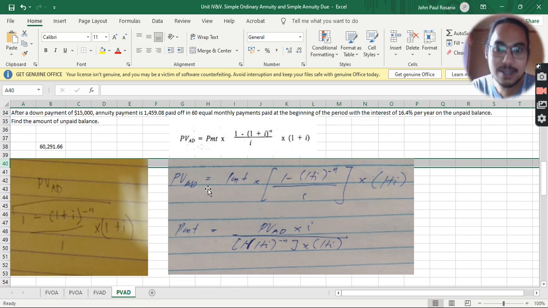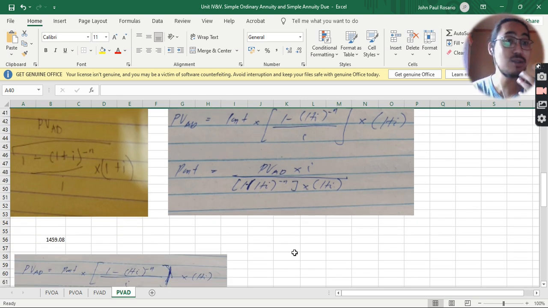So, this was murag manipulated in a way na, if you can see here guys, PVAD, so our unknown is payment, so we transfer I to the other side, so na-multiply na siya. We transfer these two, the 1 less 1 plus I raised to the power of negative n, and the 1 plus I to the other side by making them denominators. Okay?